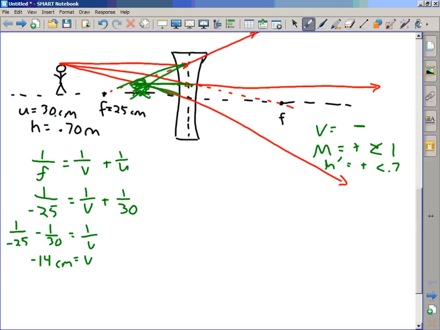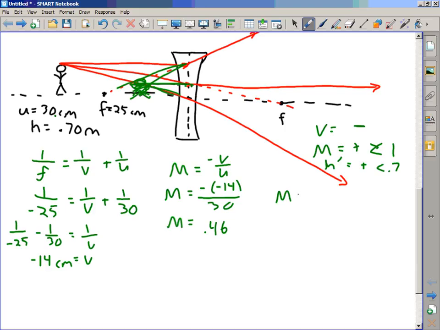So let's go to magnification. Magnification equals negative v over u. So magnification equals negative of my negative 14 divided by 30. So m equals a little less than 0.5, 0.46 approximately.